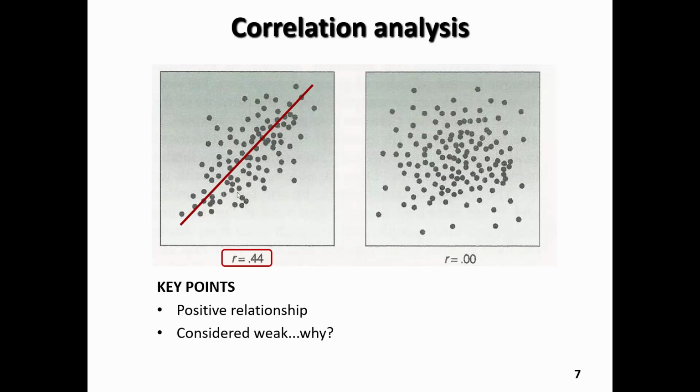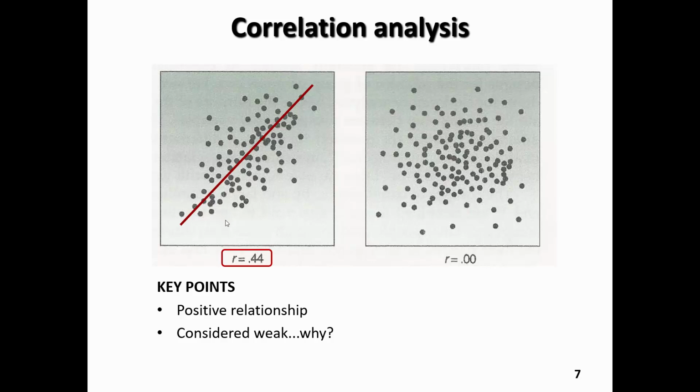So the key point on the left is that this is a positive relationship, but could be considered weak depending upon the research question. It could also be considered moderate depending upon the research question. Whether we consider it weak or moderate is because of the scatter away from the line of best fit.